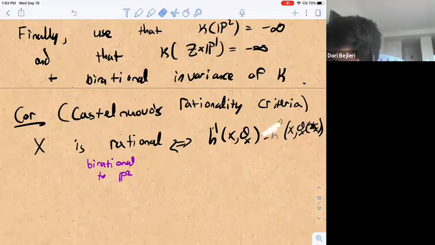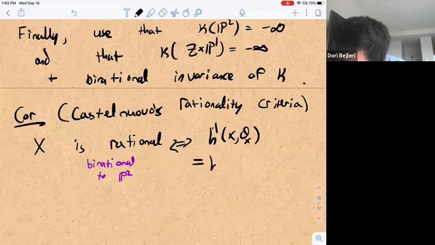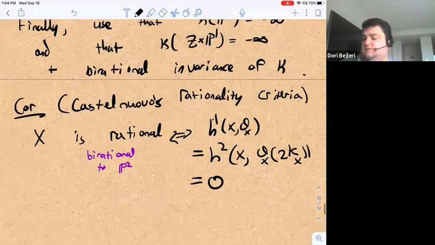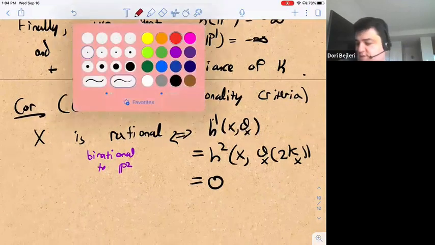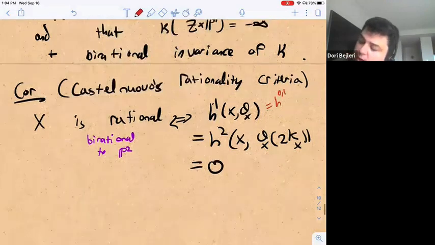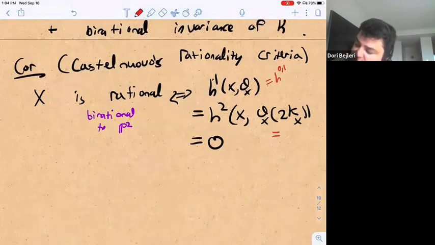That's not so easy to read. Let me put it on the next line. So the criterion is that X is rational if and only if these two numbers are 0. And both of these have special names. So this is the Hodge number H01, and this is the second plurigenus.